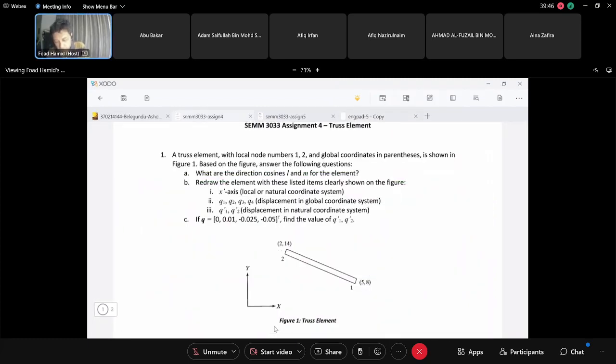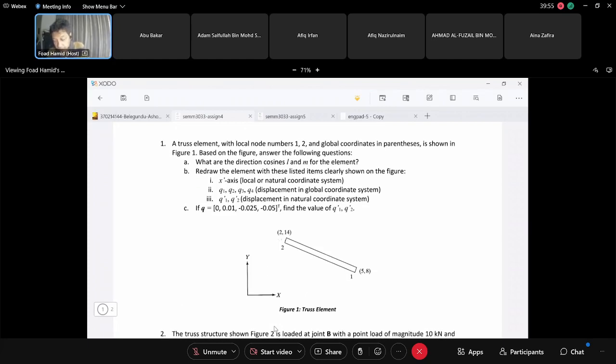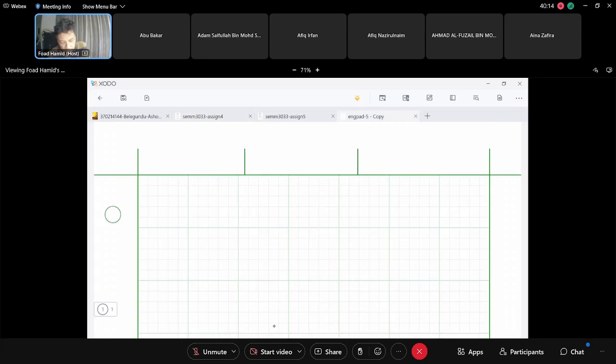So let's draw this figure here. We have a bar in global coordinates, global coordinate x and y, and this is node 1, and this is node number 2, and the coordinates of 1 and 2 are given. So let me have my global axis here.